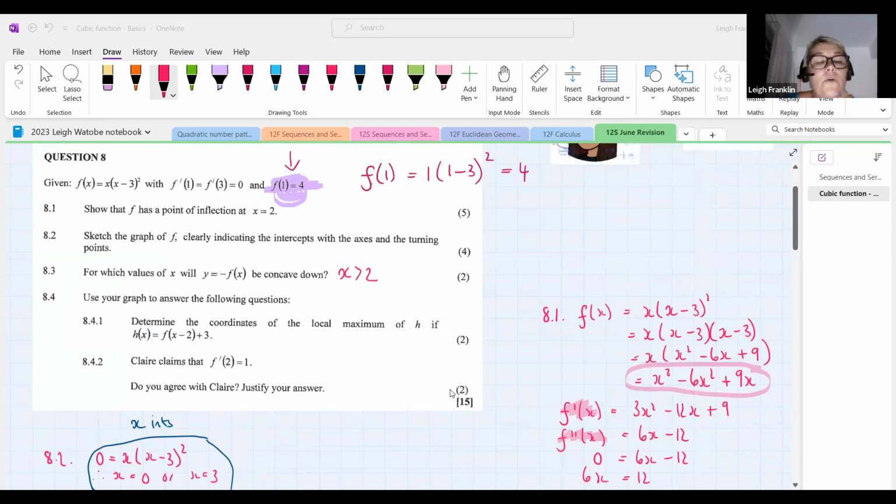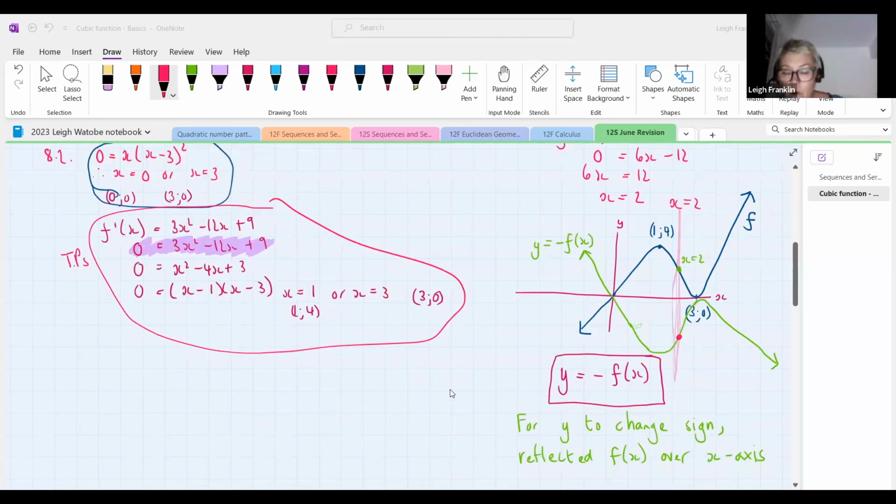Okay, so Nicole, again, the green graph is the reflection of the blue graph over the x-axis. So if f is our original function, then the green graph y equals minus f of x, because it's a reflection over the x-axis, so y has changed sign. Okay, if you have a look, your point of inflection is still in the same place. Remember, your point of inflection is the point at which the concavity of the graph changes.